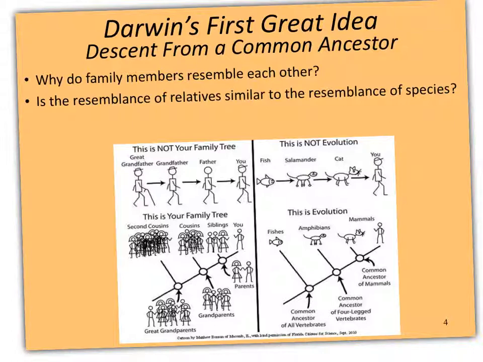And what are species descended from? You got it. In other words, the common ancestor of all vertebrates. It's not really a bony fish, it's another kind of fish. Common ancestor of all four-legged vertebrates. They're descended from a most recent common ancestor that we share with the four-legged vertebrates.